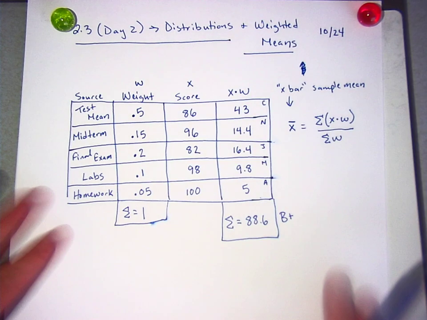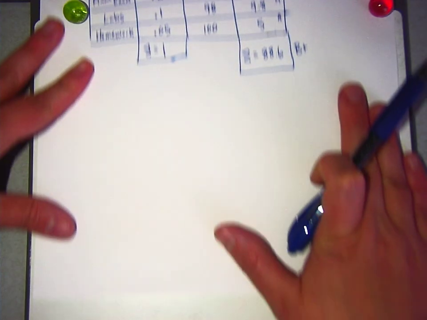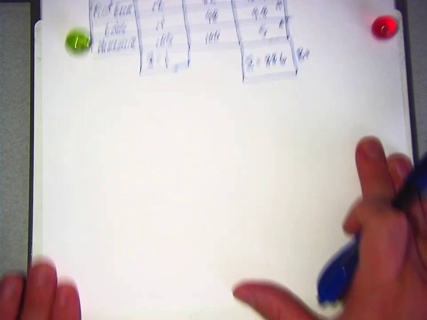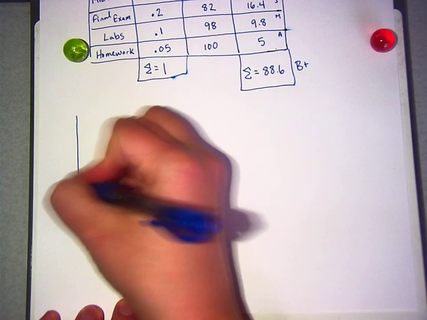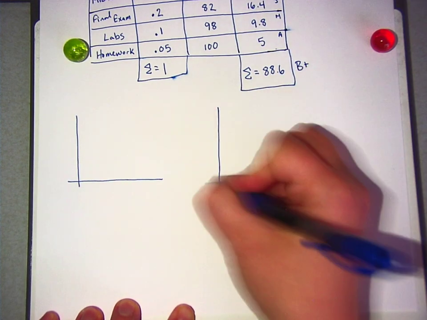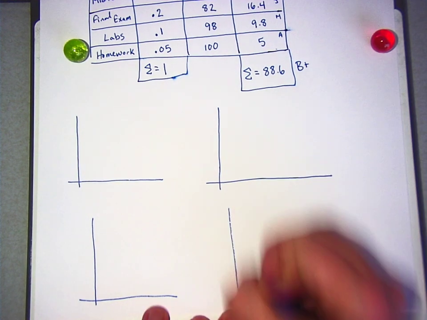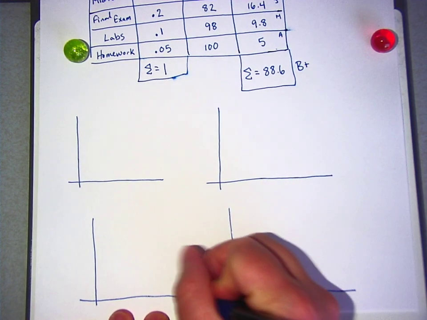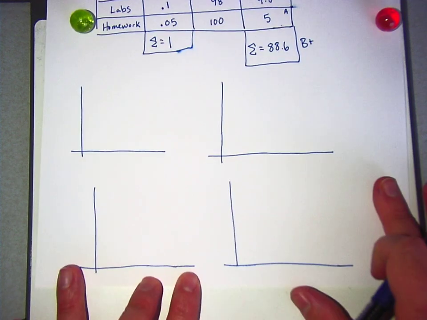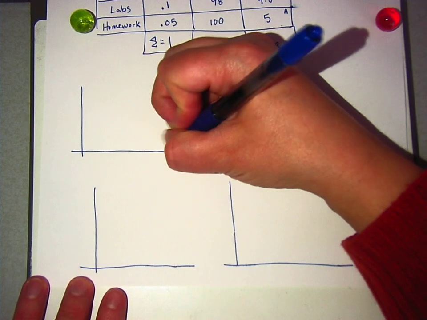Okay, the last thing we're doing is we're drawing some pictures at the bottom. You're gonna draw 4 pictures, so we're gonna go real fast at this. Just make some axes like we're making graphs. These are not gonna be perfect pictures, so Nathan, don't lose your mind.